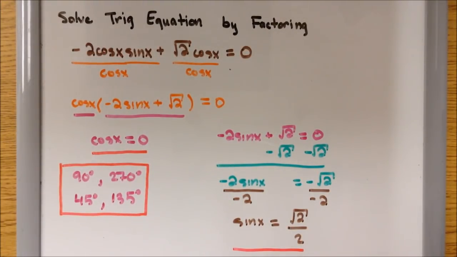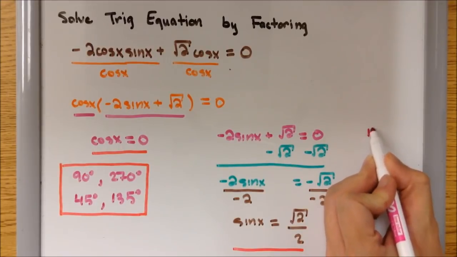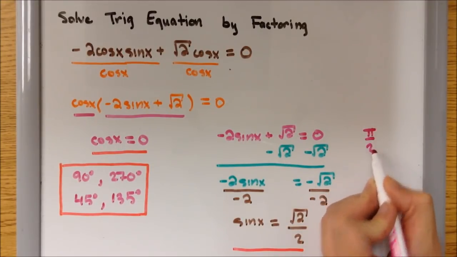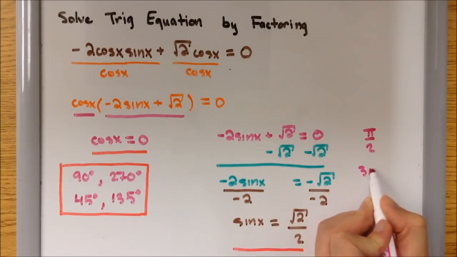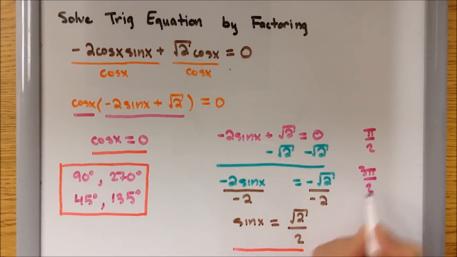Now if I were to ask you in radians, then simply writing what we have right here, for 90 degrees that's pi over 2. For 270 degrees that's 3 pi over 2.